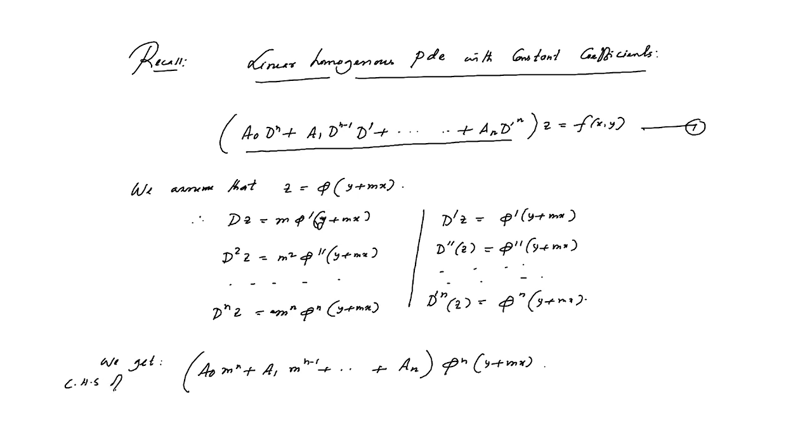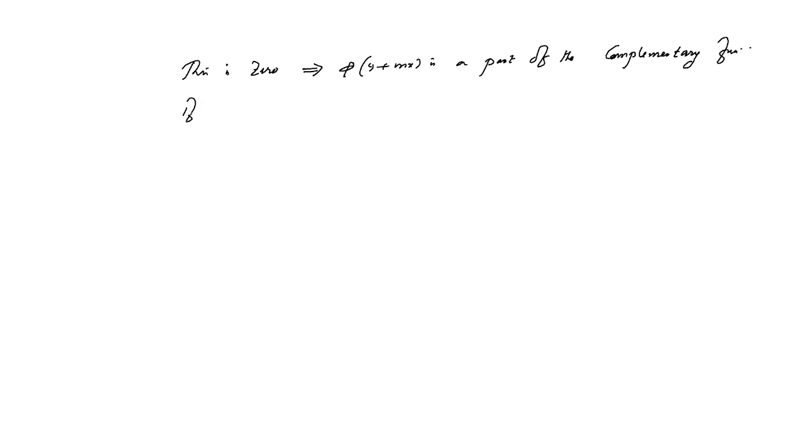So this is 0. That implies phi(y plus mx) is a part of the complementary function if m is a root of the equation a0 t^n plus a1 t^(n-1) plus ... plus an equals to 0.